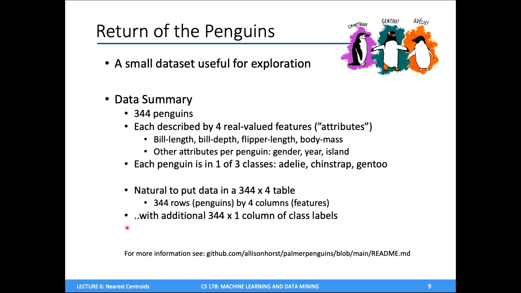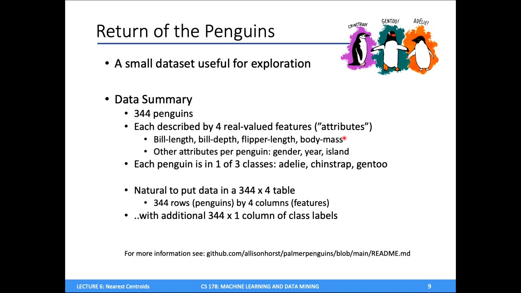Okay, we also saw this data set previously, this penguins data set. And we'll be using this data set throughout today's lecture just to illustrate some basic properties of classification problems. So in this data set, we've got 344 penguins, so 344 rows in our data set. For each of these penguins, we went out and collected 4 different attributes about them: their bill length, their bill depth, their flipper length, and their body mass.